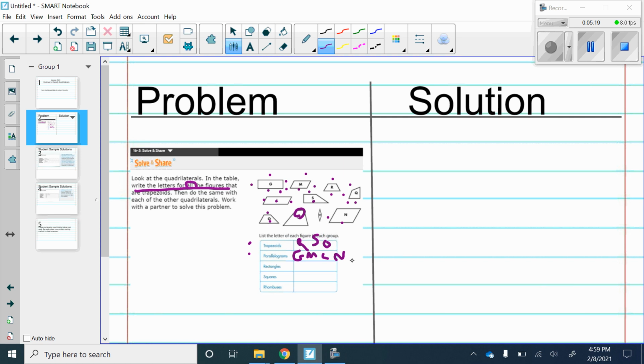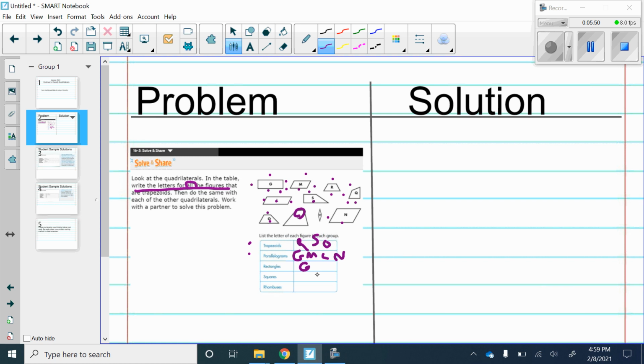Next, I want to look to see what shapes go in rectangles. G has four equal angles and two pairs of equal sides, so I'm going to put G as a rectangle. M is not a rectangle because it does not have all equal angles.